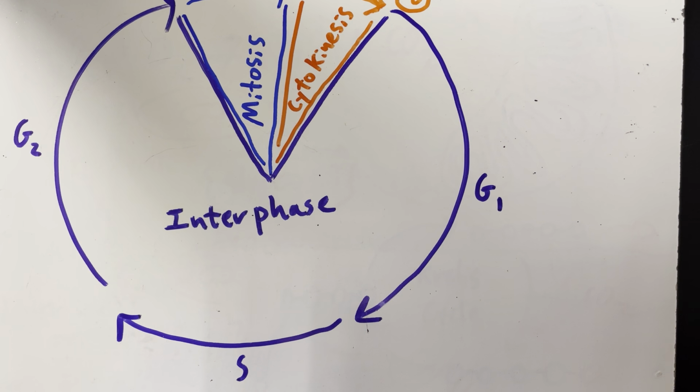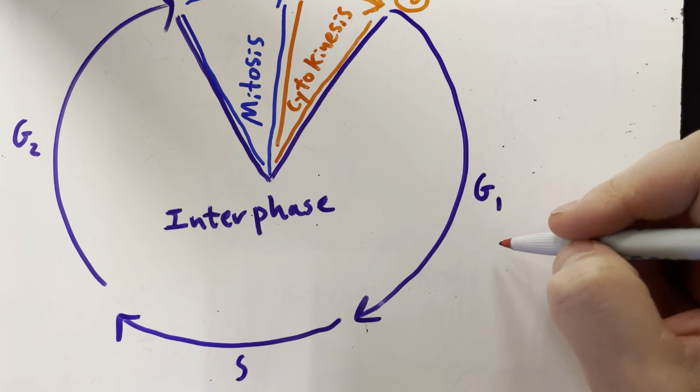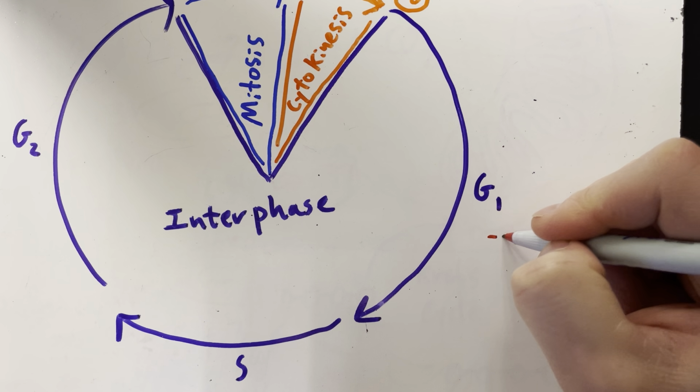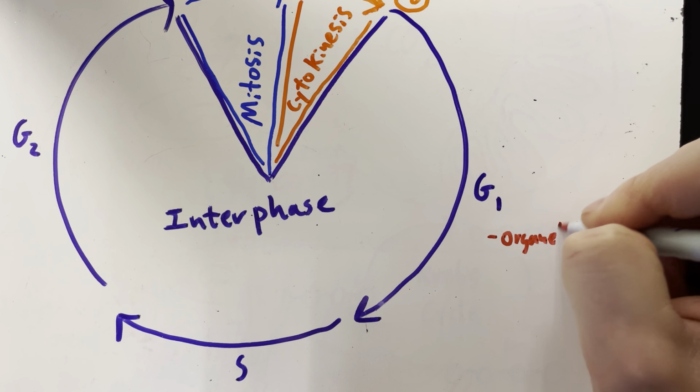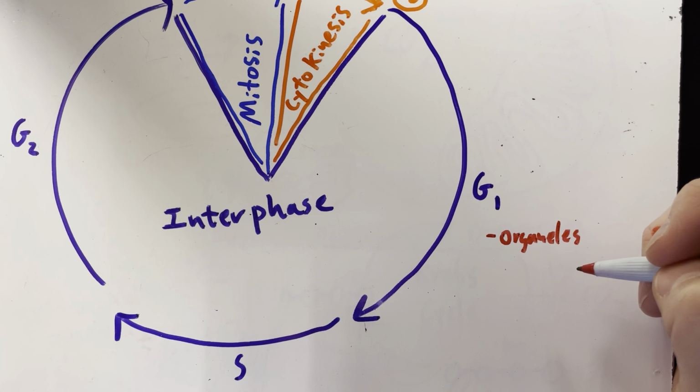Wait, double check. I don't want to get it wrong. G1 phase is when things like the organelles... sorry. Thought I had this down.